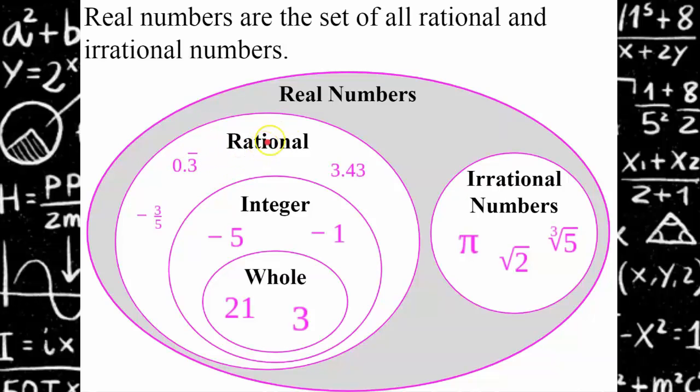It is rational and real. This could be written as 1/3. 1/3 written as a decimal is 0.3 repeating. And then I have the value 3.43, or 3 and 43 hundredths. That can be written as a fraction. It is rational and real.